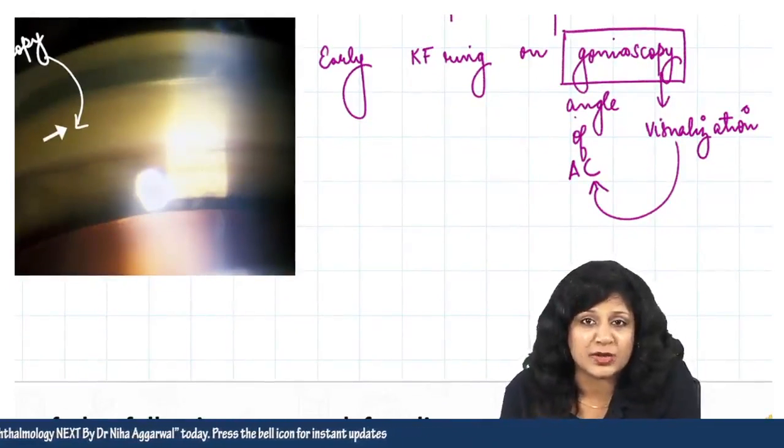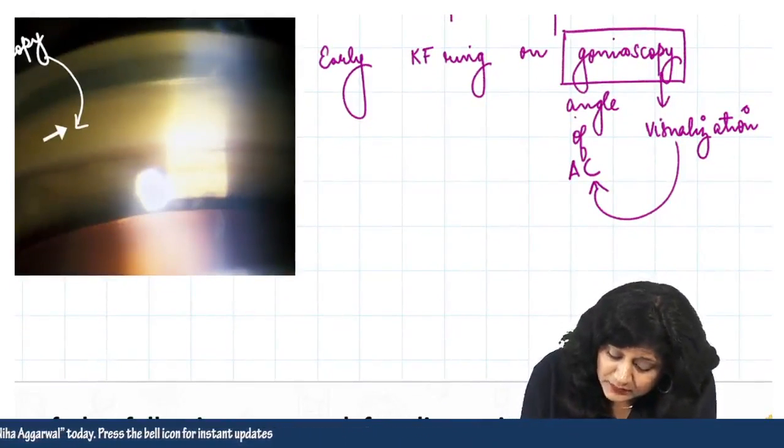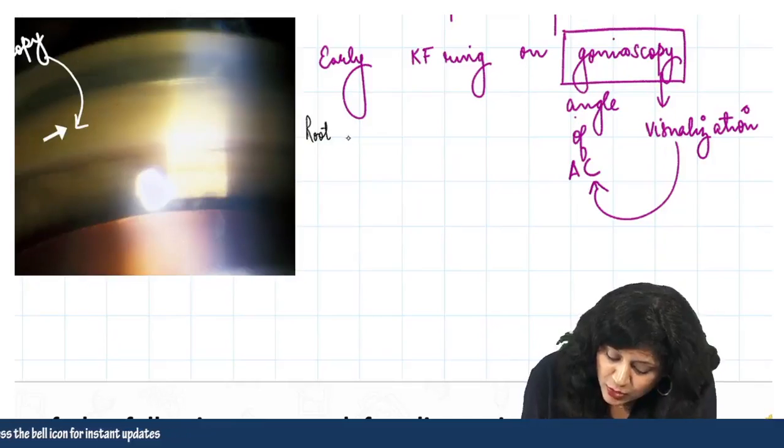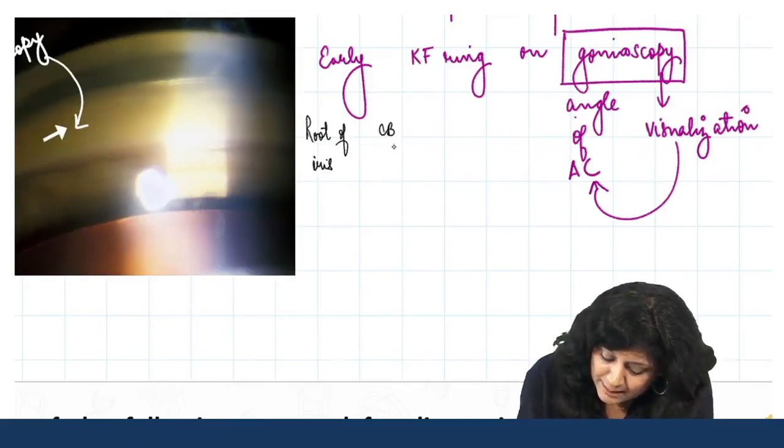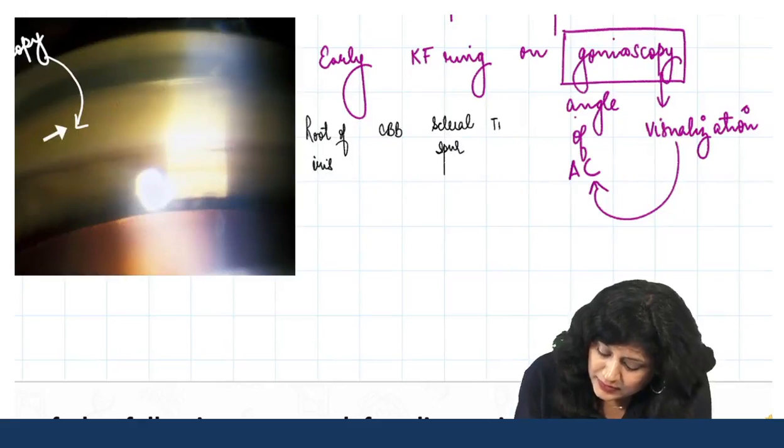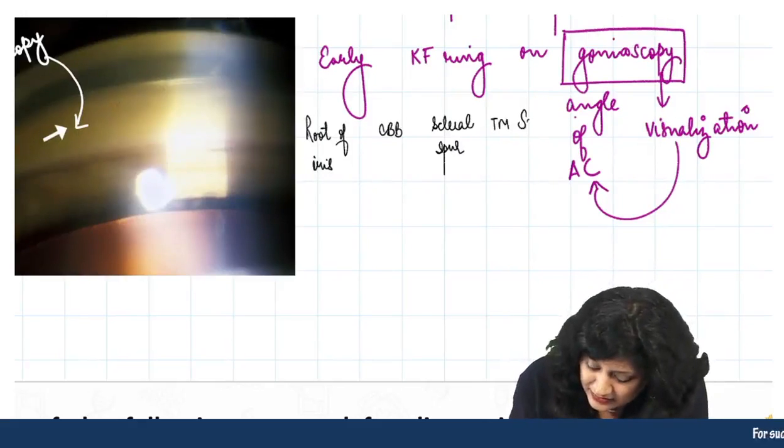There are 5 structures. We have the root of the iris, then the ciliary body band, then the scleral spur, the trabecular meshwork, and then we have the Schwalbe's line.